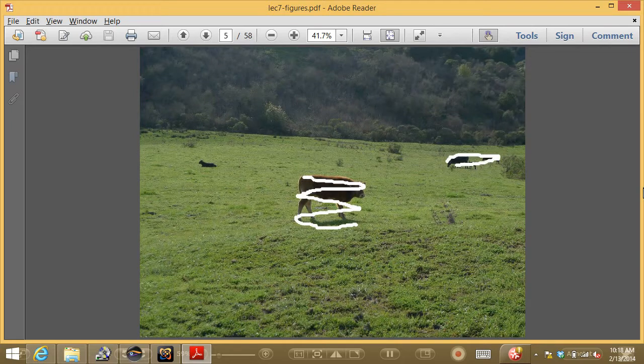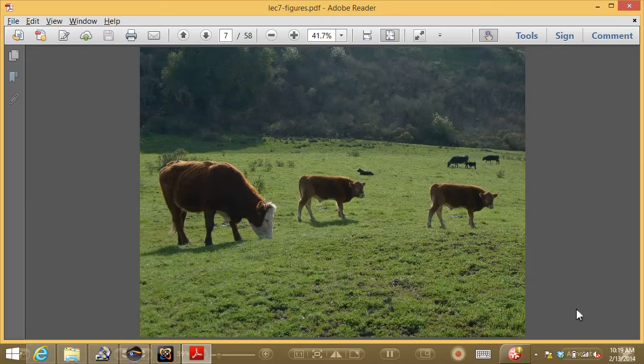And so if I do that, this is the result of running this graph cut segmentation algorithm. Now, after I run the segmentation algorithm, every pixel belongs to either the foreground or the background, and the boundary between black and white is chosen in such a way that I minimize the cost of cutting all those edges, right? And the result looks like this. And it looks pretty good, actually.